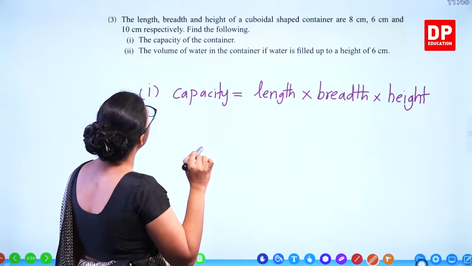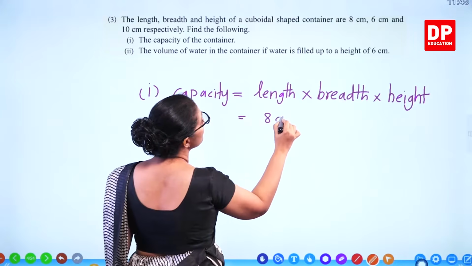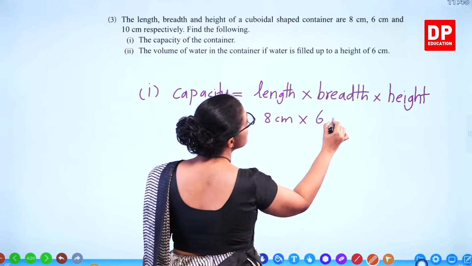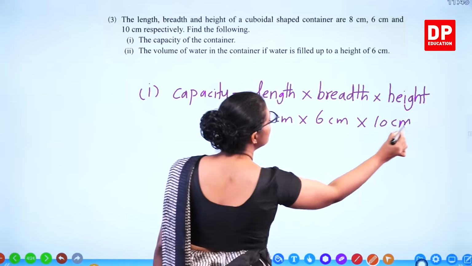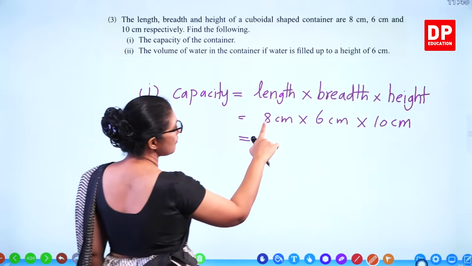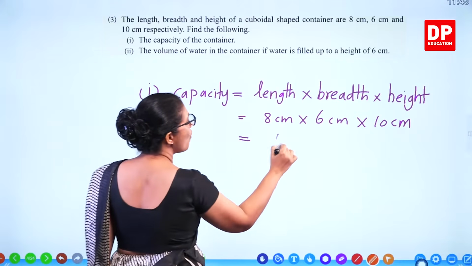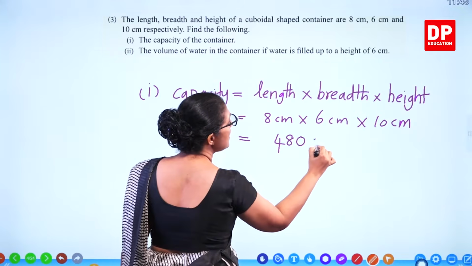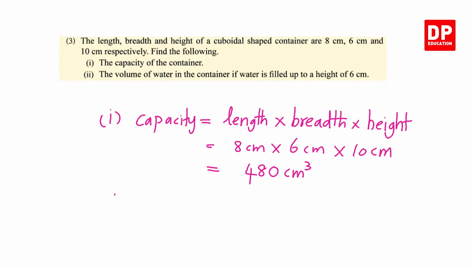So 8, 6 and 10. Multiply. 8 times 6, 48. 48 times 10, 480 cubic centimeters.